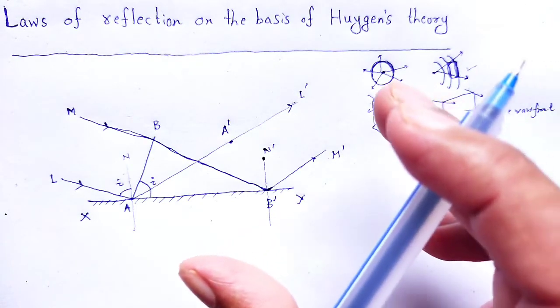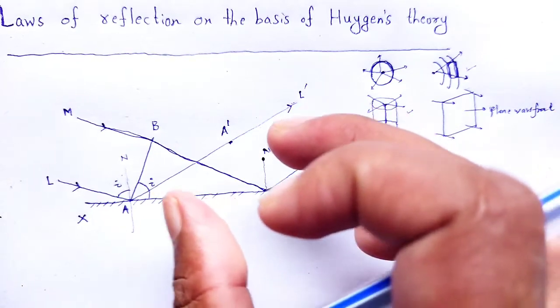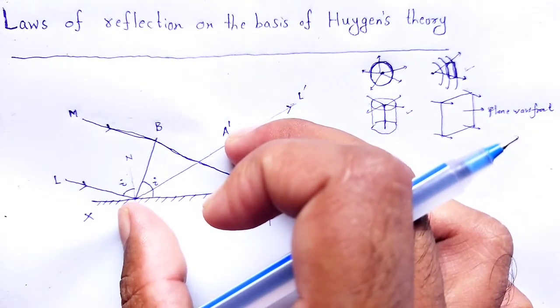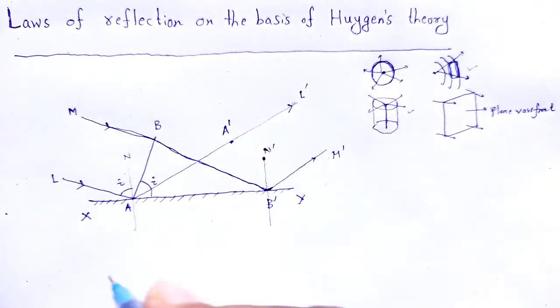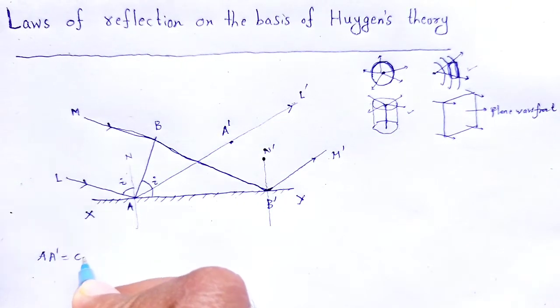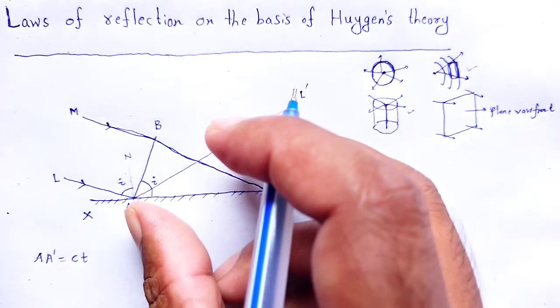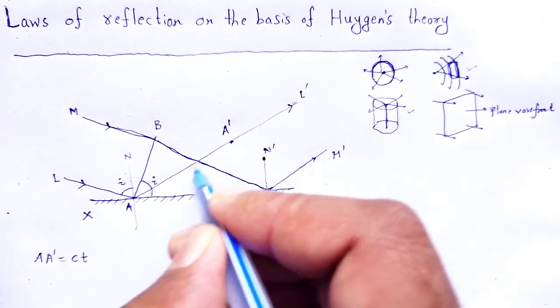As the velocity of light is c, the distance between A and A dash is equal to c into t, where t is the time taken by the ray from A to A dash.